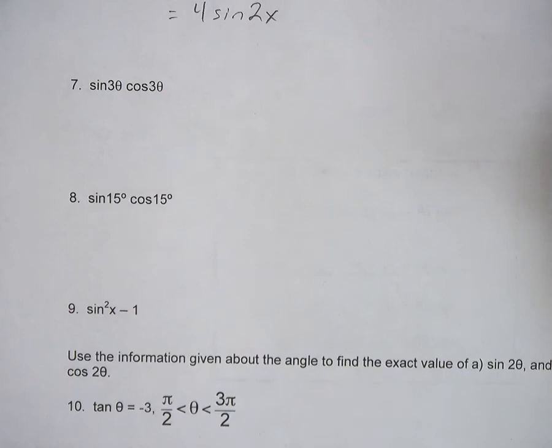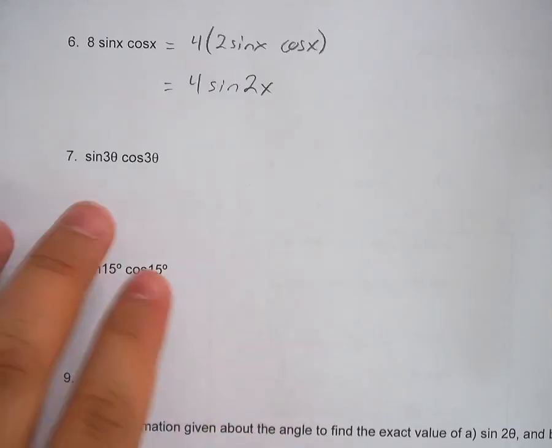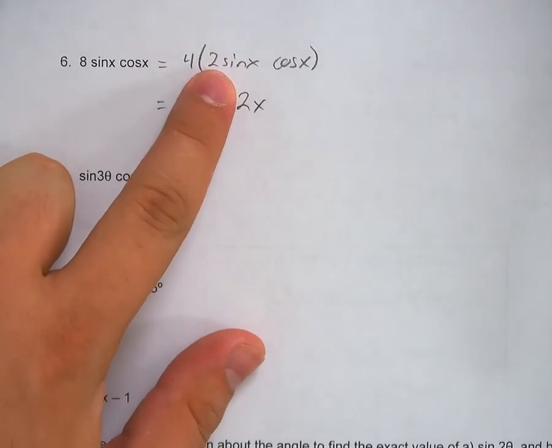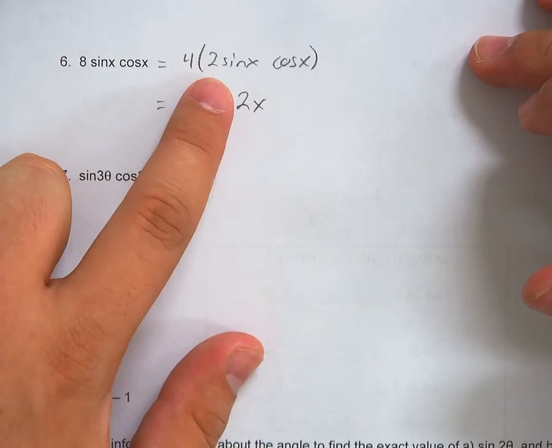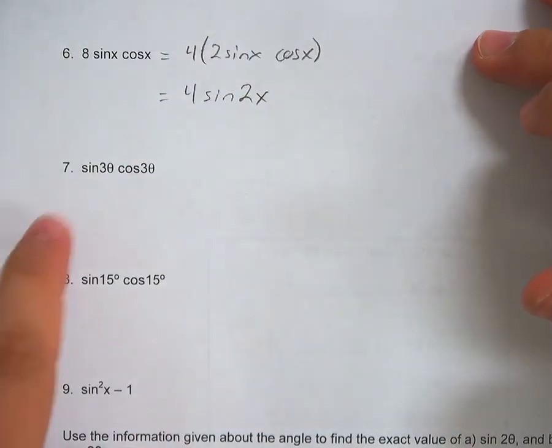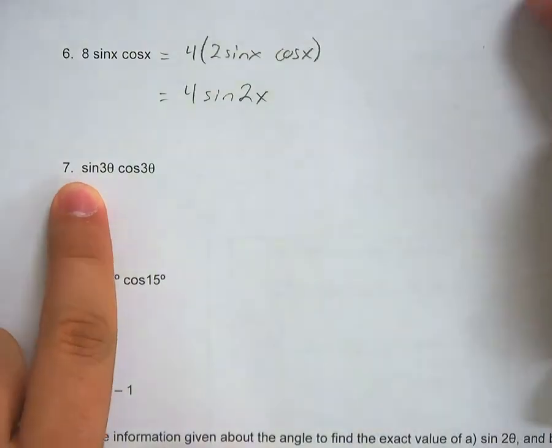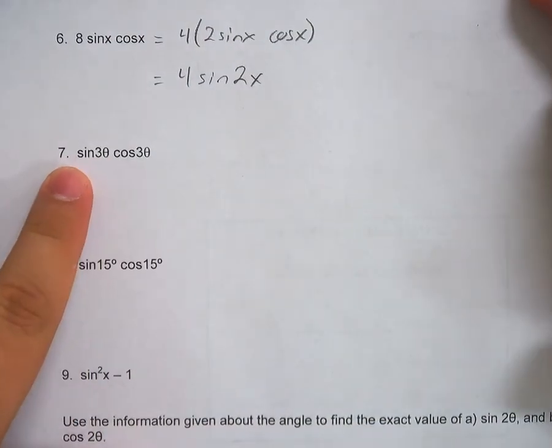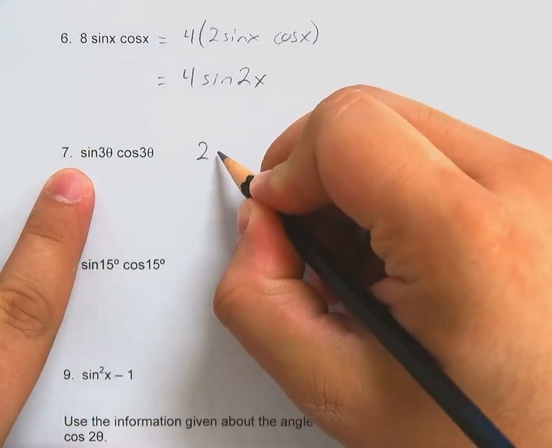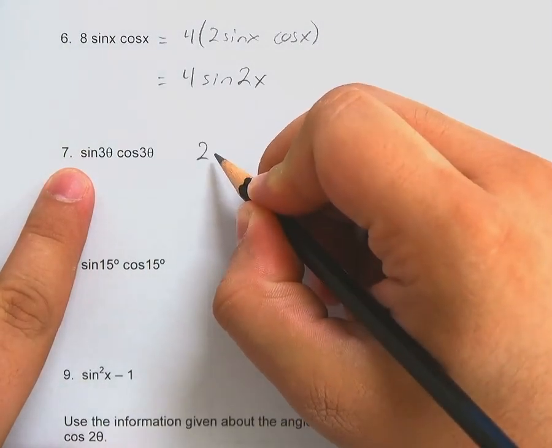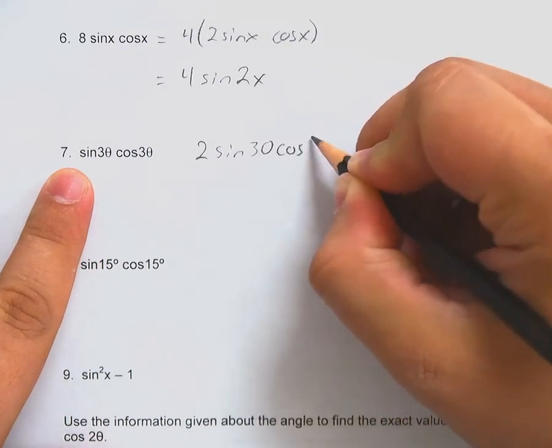See, now this one is different. This one is different because, like my formula set up here, I needed a 2. I don't have one here. In the last problem I had an 8, so I divided by 4. In this case, I'm back to that same sine of a cosine of a, and I need a 2. So I need this to be 2 times sine cosine.